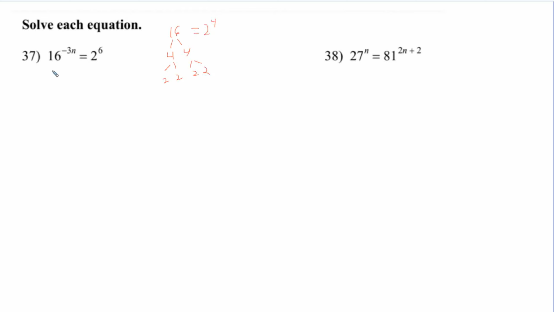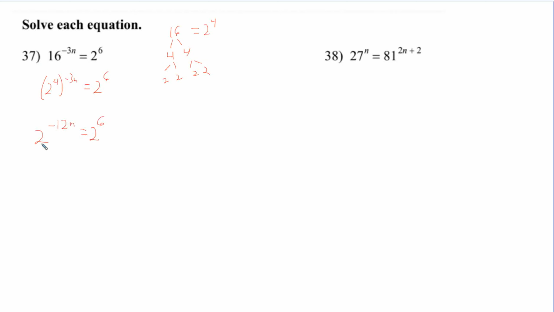And so what we do over here is we change 16, and we're going to say that's 2 to the 4th to the negative 3n equals 2 to the 6th. We're going to use our rules of exponents over here. So a power to a power you multiply. So this is 2 to the negative 12n equals 2 to the 6th.